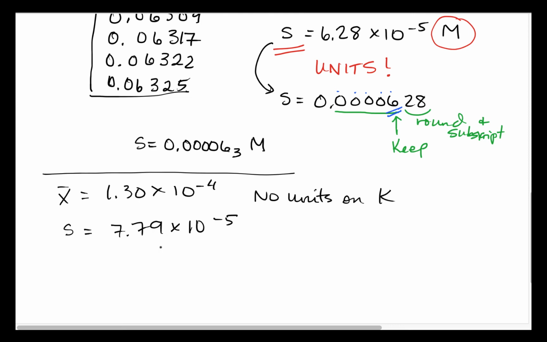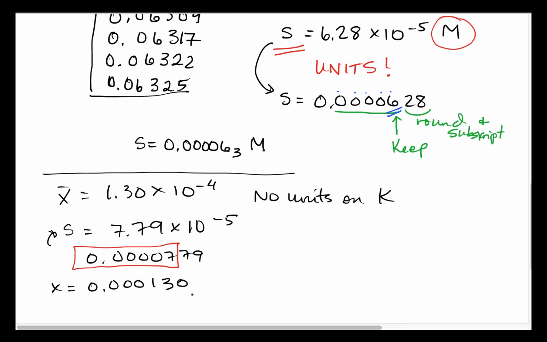So if we think about sig figs here, our standard deviation usually gives us some clue about how many significant digits we should keep. So 1, 2, 3, 4, 7, 7, 9. Usually with our standard deviation, we're only going to keep that first digit. So if we think about the average, that would be 0.0001 3 0.